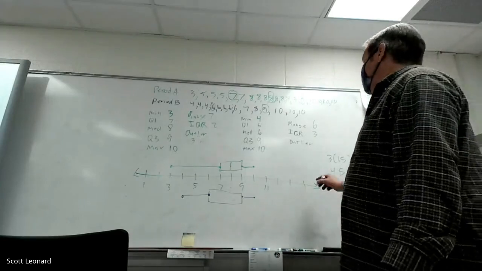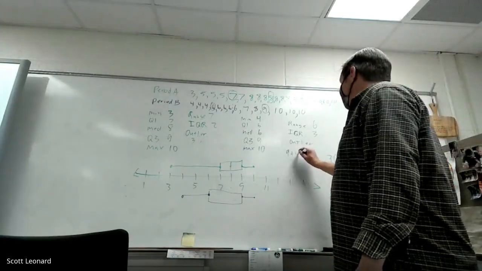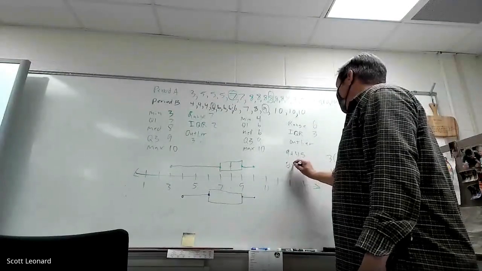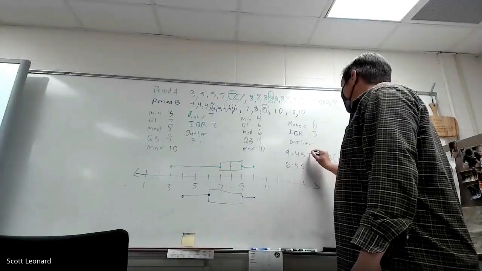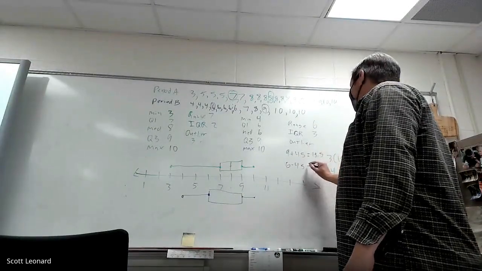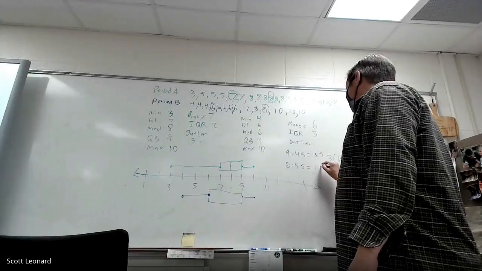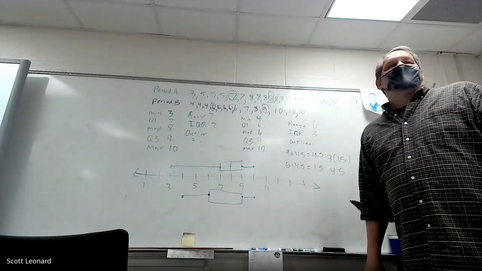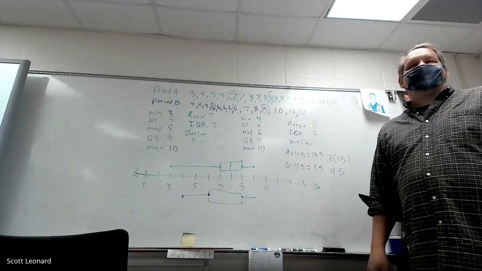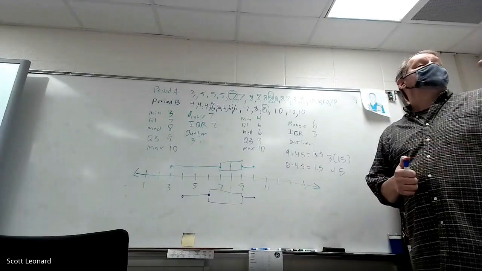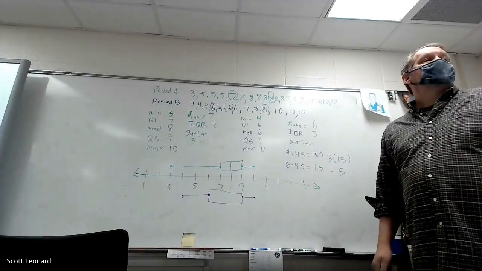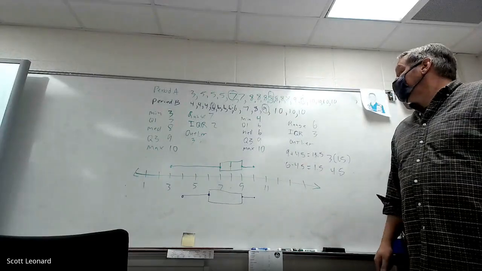All right, our check for outliers. 9 plus 4.5 and 6 minus 4.5. 13.5 and 1.5. Any outliers? No. Not a chance. Elliot? Q3 be 9.5. What's that?